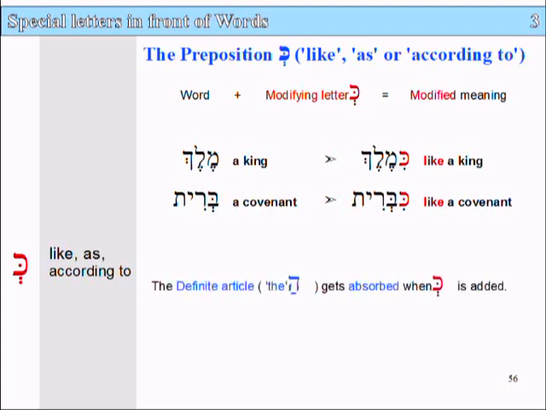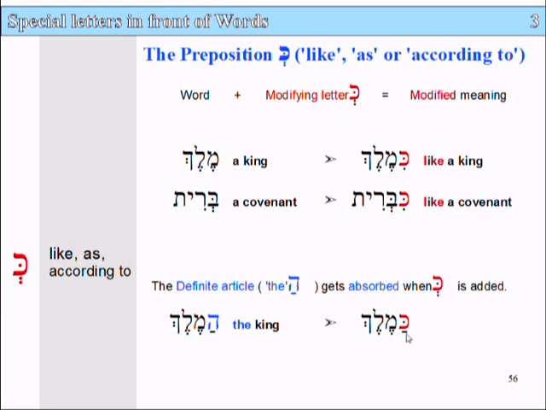And just as in the other examples, if we add the definite article, the letter hey, with the patach under it, the hey gets absorbed when we add the kaf, and the kaf takes on the patach of the hey. So ha-Malik, the king, becomes ka-Malik.